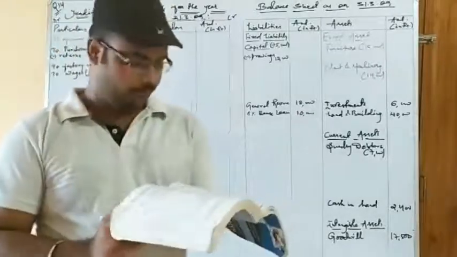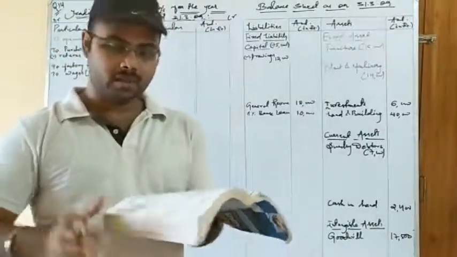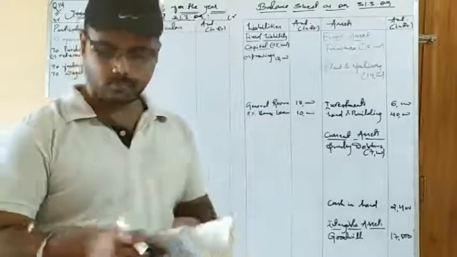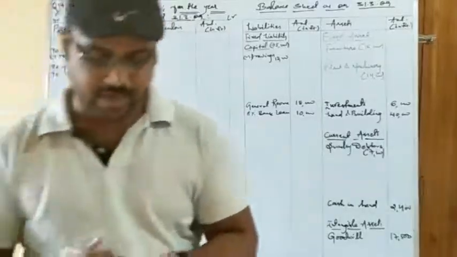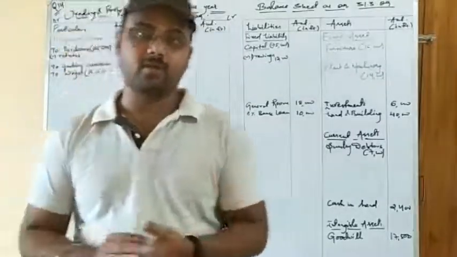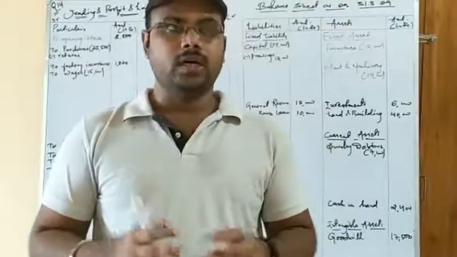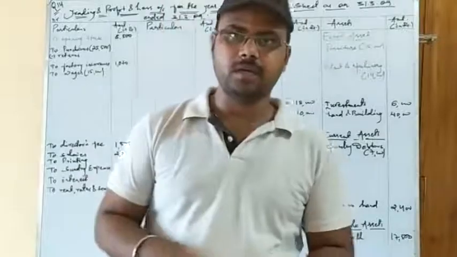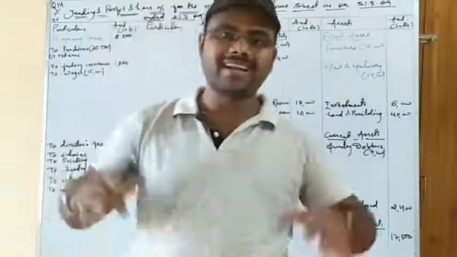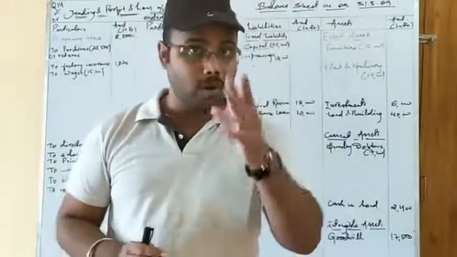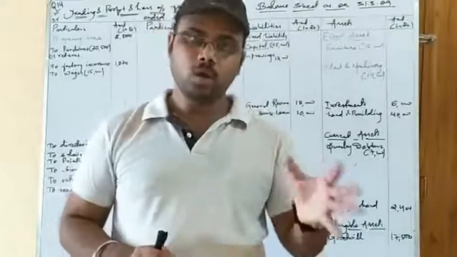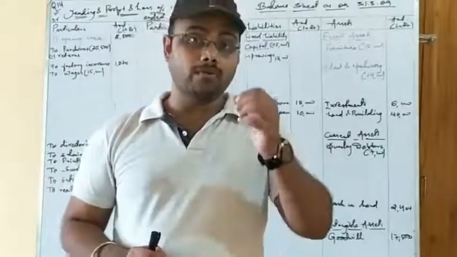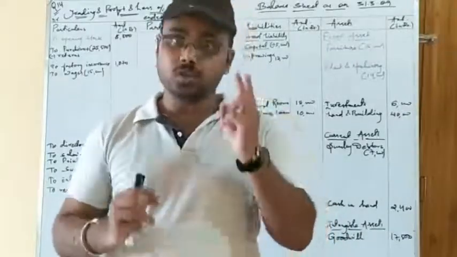You have to always see whether you are getting items like investments or bank loan. Remember, when you come across these two items in your final account chapter with adjustments, definitely there will be some hidden adjustments regarding these two items. There will always be a hidden adjustment in these two items.